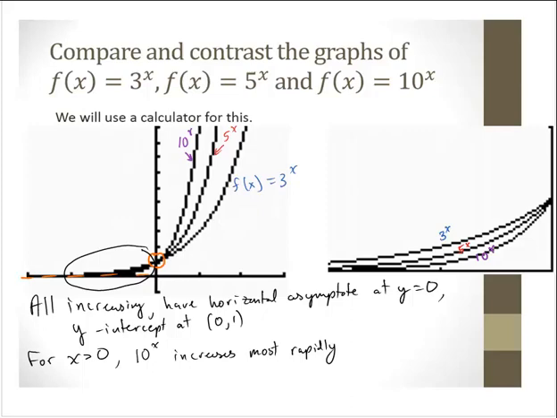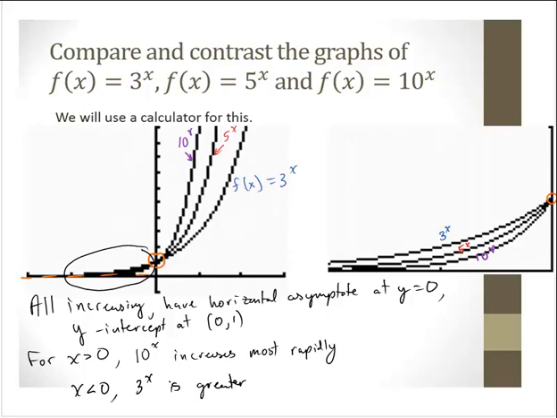So notice, they all have the same y-intercept at 0, 1, but notice that when x is less than 0, the graphs have sort of switched positions, right? When x is less than 0, we see that 3 to the x is greater.